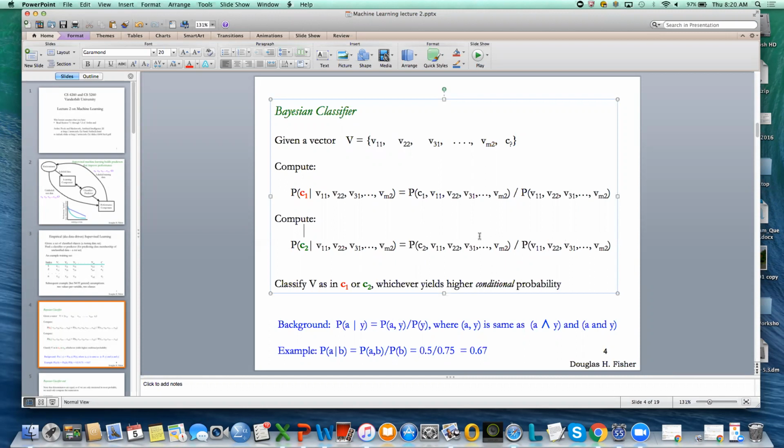And what we want to do in the Bayesian classifier is classify this vector as C1 or C2, whichever has the higher conditional probability. So it's nice and intuitive.